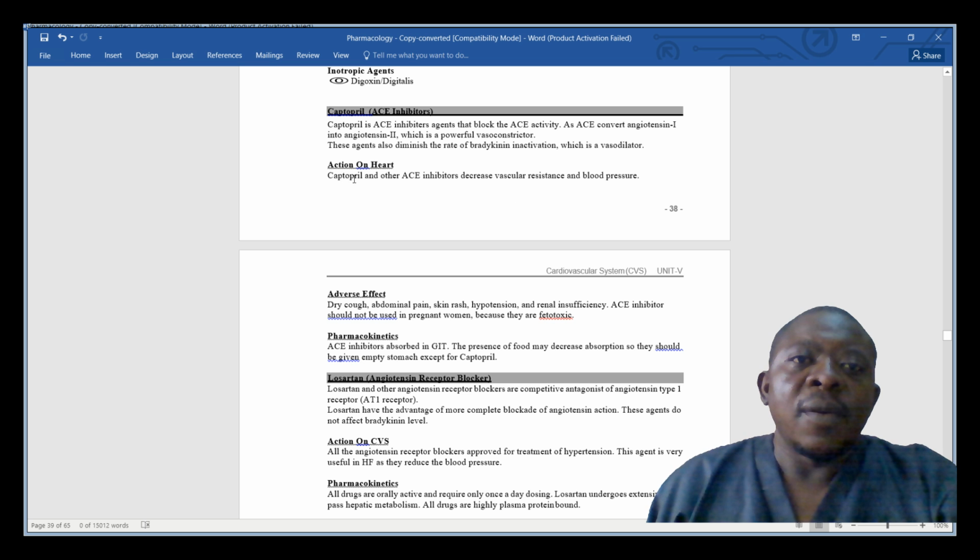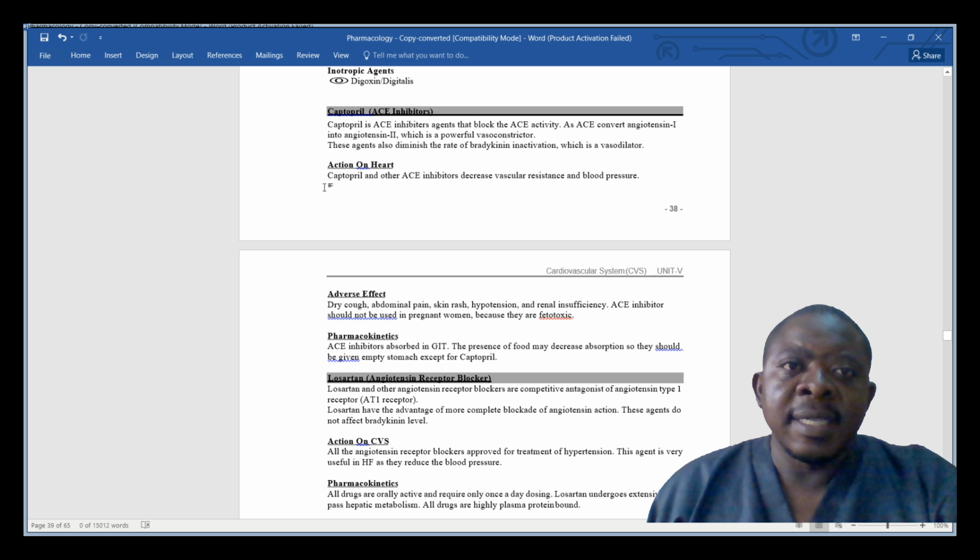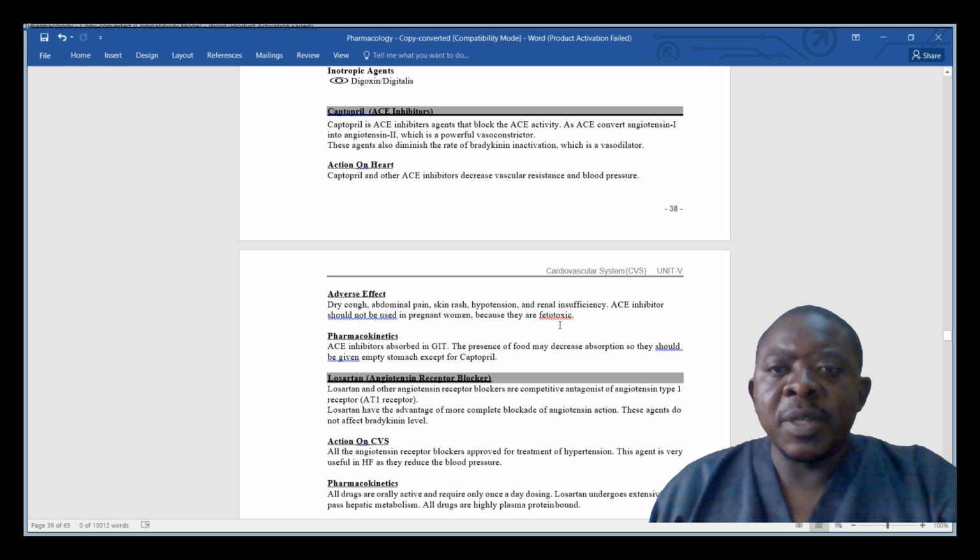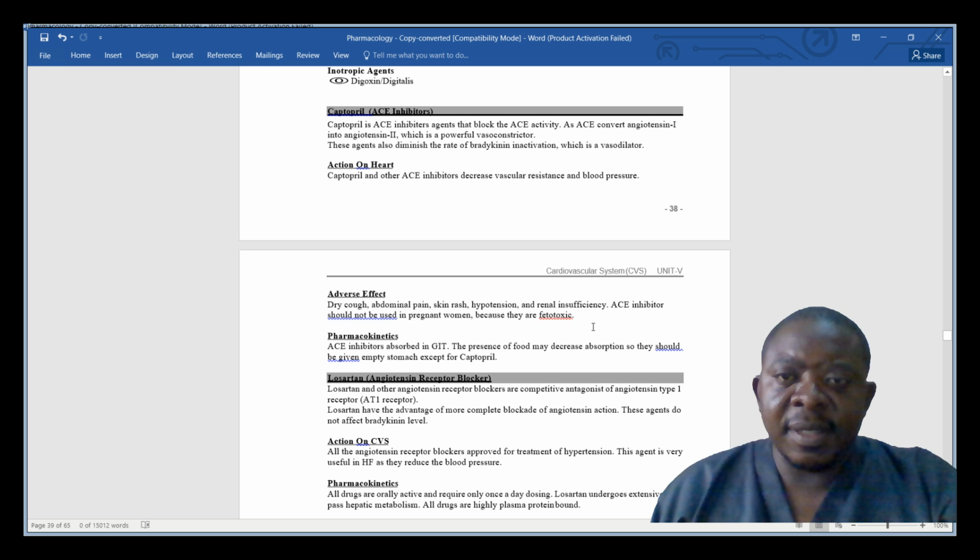Action on the heart. Captopril and other ACE inhibitors decrease vascular resistance and blood pressure. Adverse effects. Some of the adverse effects recorded for captopril include dry cough, abdominal pain, skin rash, hypotension, and renal insufficiency.